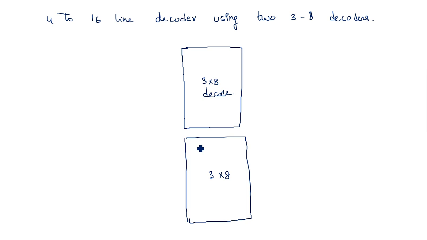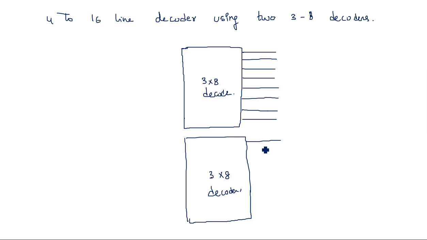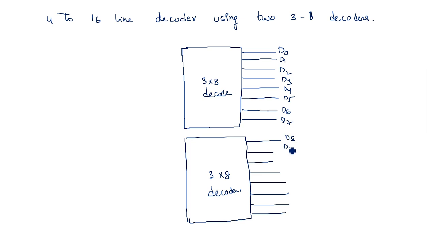The entire logic depends on how the inputs are going to be set. We have outputs D0, D1, D2, D3, D4, D5, D6, D7, and similarly D0 to D7 on the second one, which continues as D8, D9, D10, D11, D12, D13, D14, and D15.